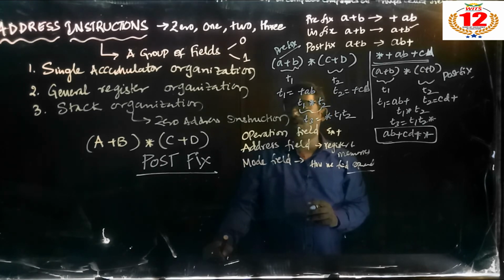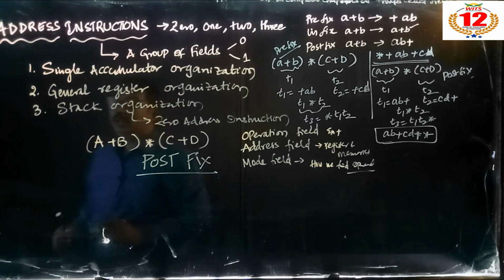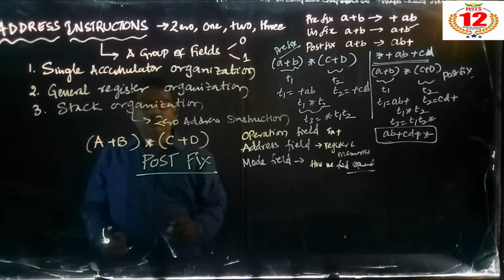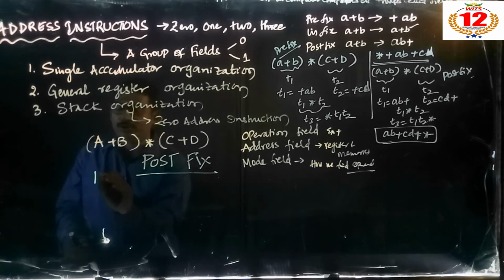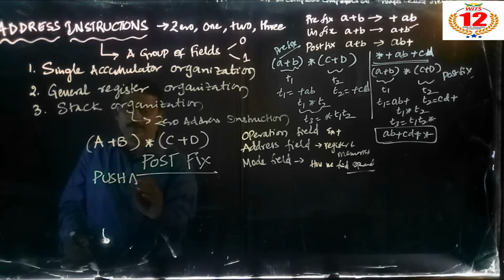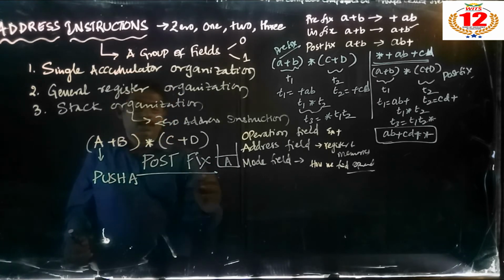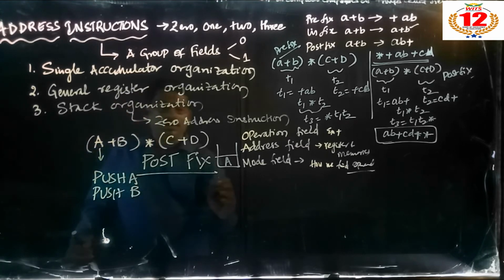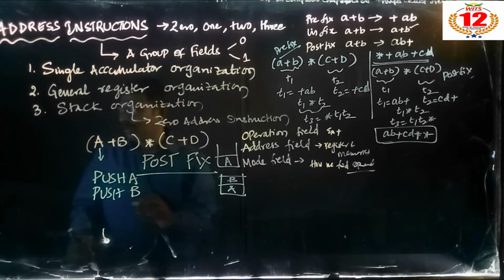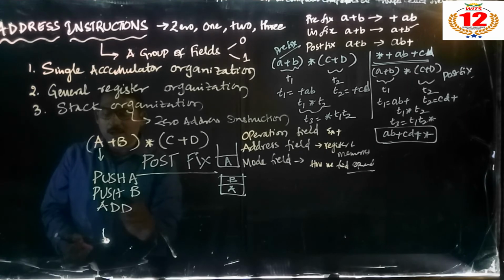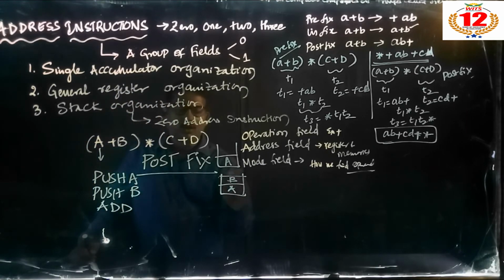Now using the stack operation, how are we going to do this postfix? First step is push A. We are pushing the A value into the stack. Then push B. So we are pushing A, then we are pushing B. Then ADD, so at the top you are going to get plus.